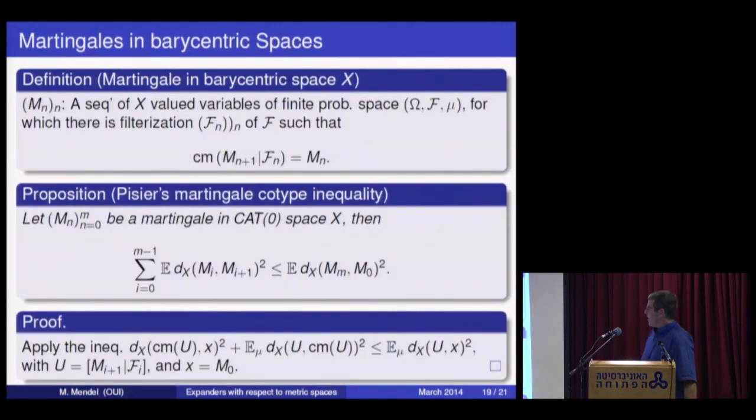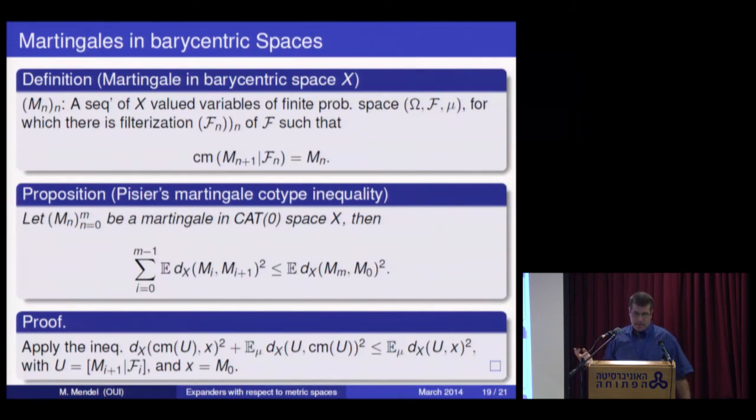Now I'm going to become more vague. Basically, we have barycenters, so we can now define the general abstract notion of martingales. I'm not going to define martingales fully, but basically you have a filtration, a sequence of probability spaces which are refinements of each other. The point is that the average at step n plus 1, conditioned on the filtration at step n, is equal to the martingale at step n.